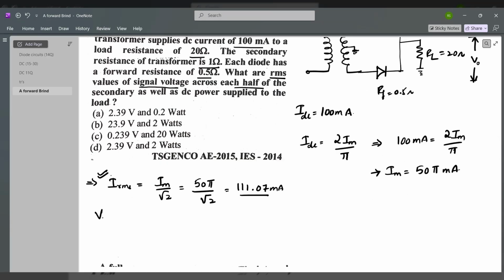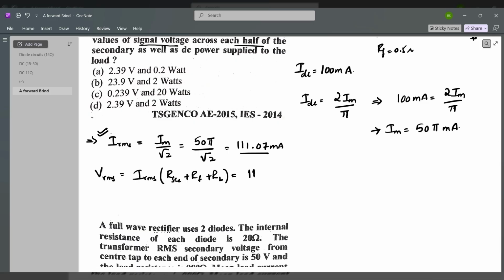Now VRMS is equal to IRMS times the resistance. RMS current flows through the secondary winding, diodes, and load resistance. So three resistances need to be considered: secondary winding resistance, diode forward resistance, plus load resistance. All three resistances need to be considered.